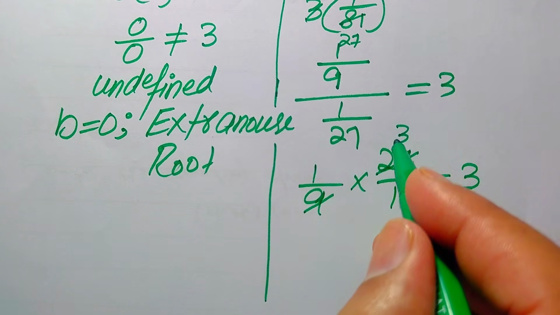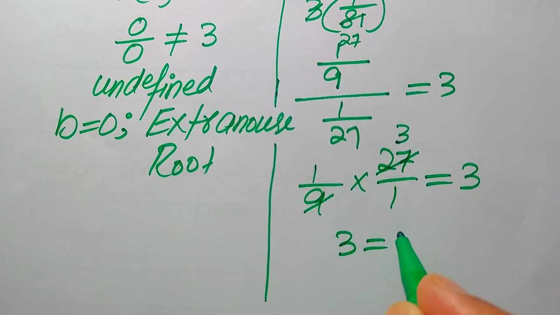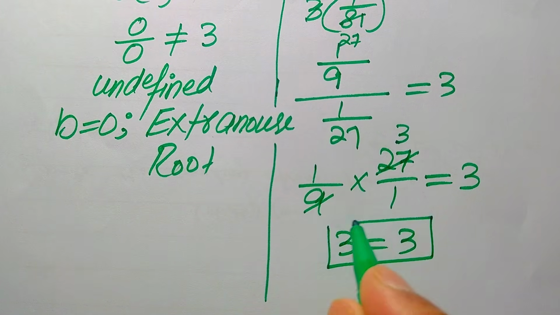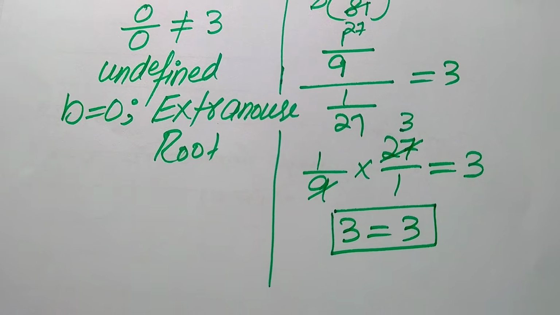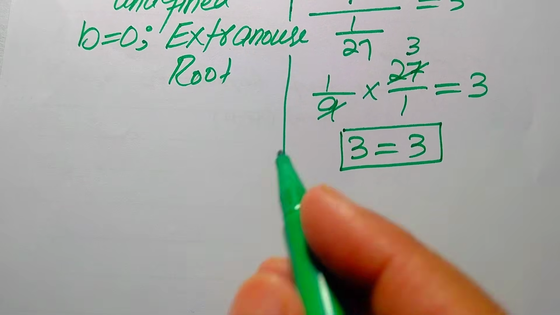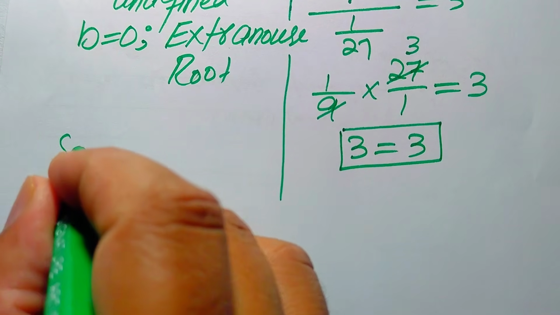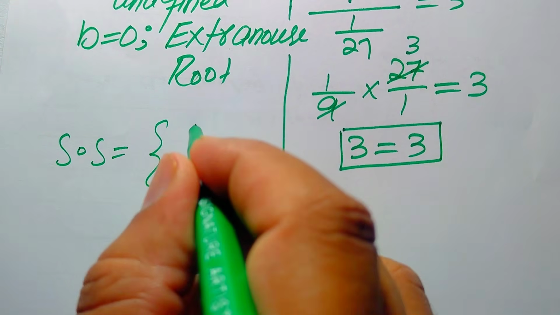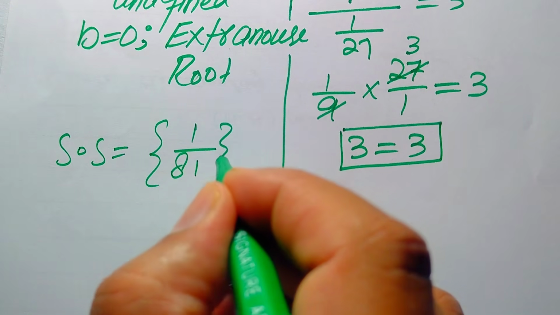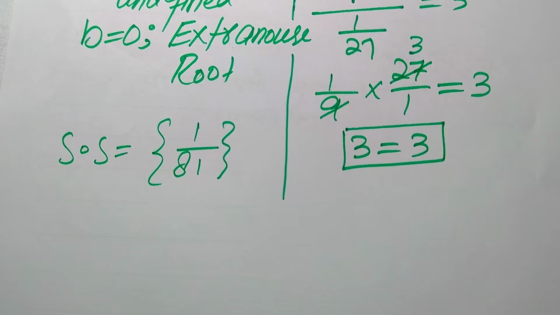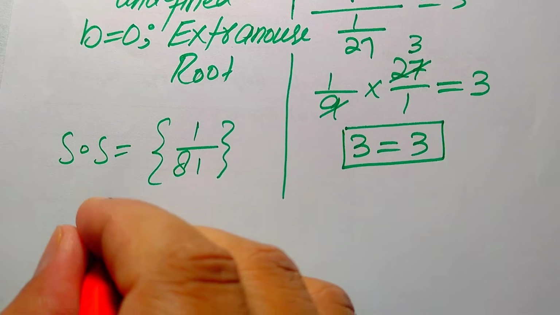This is 9 times 3, which becomes 27, and we get 3 is equal to 3. This shows that the value b is equal to 1 over 81 satisfies our given question statement. And finally, the solution set of this problem is 1 over 81, which we get from the first method.